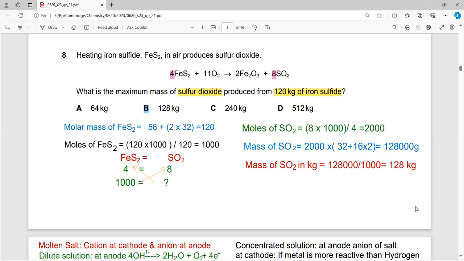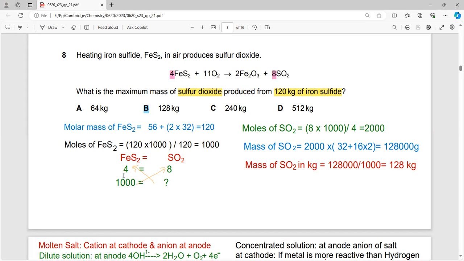Now we can find the mass of sulfur dioxide. What is the ratio of iron sulfide to sulfur dioxide? 4:8. So if you have 4 moles of iron sulfide, we are producing 8 moles of sulfur dioxide. But if you have 1,000 moles of iron sulfide, what quantity of sulfur dioxide are we producing? That's the cross multiplication method.